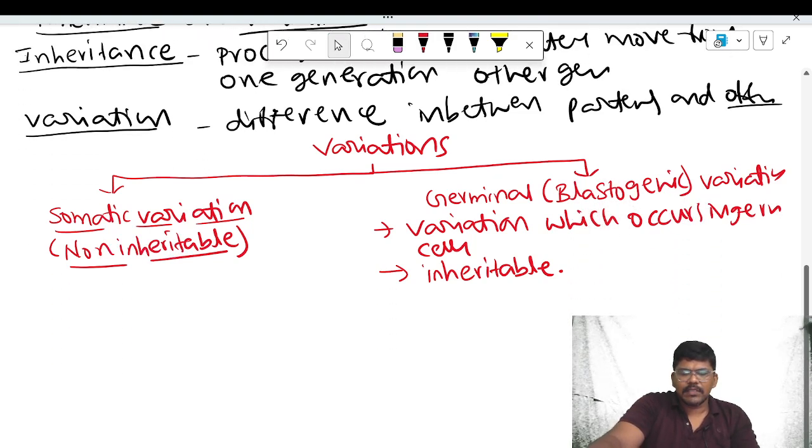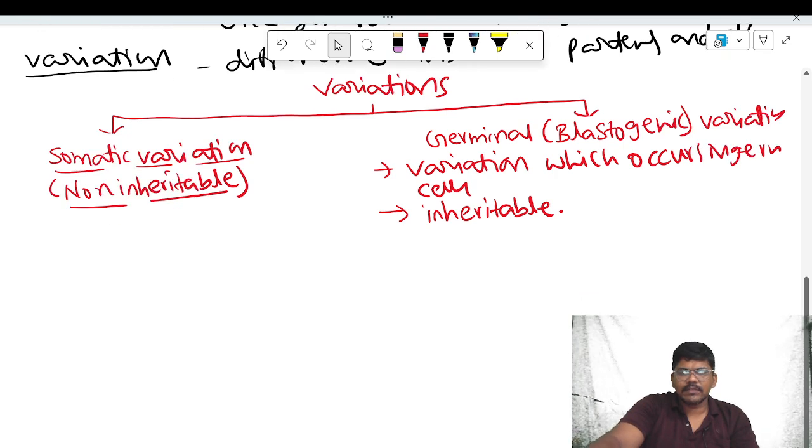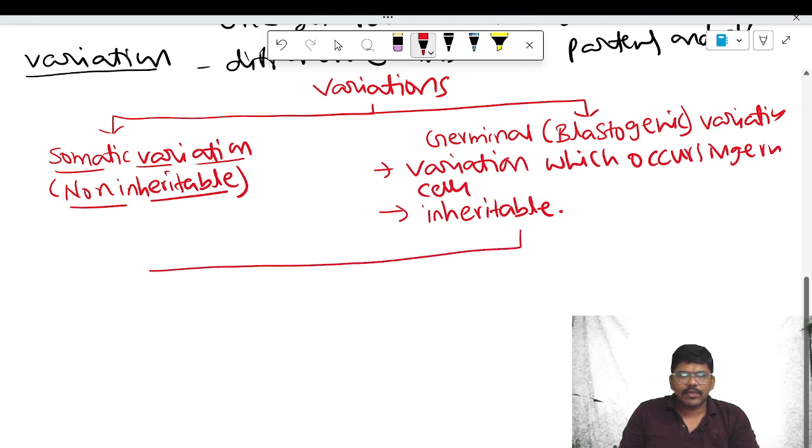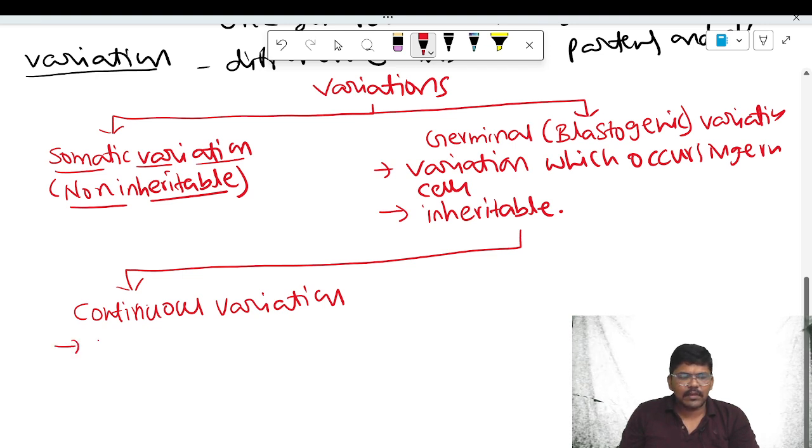Germinal or blastogenic variations are again divided into two types. The first one is continuous variations, which are controlled by a single gene.